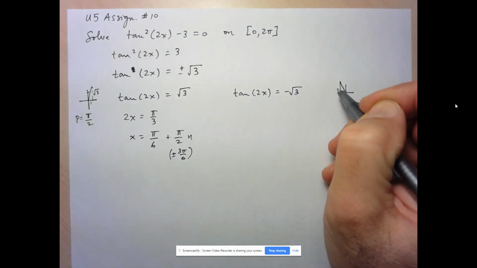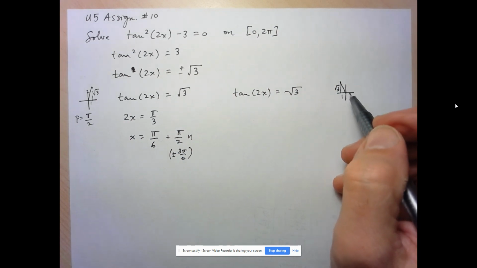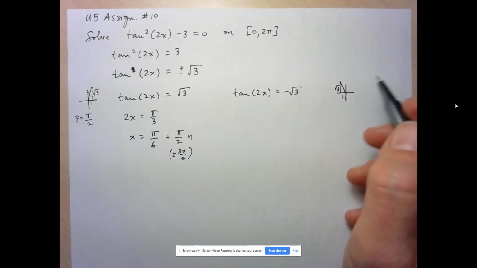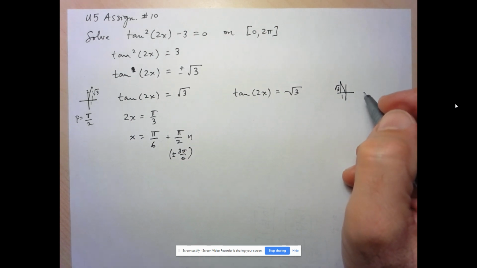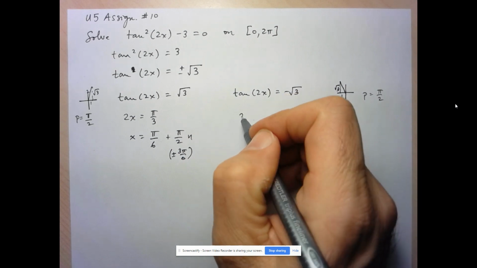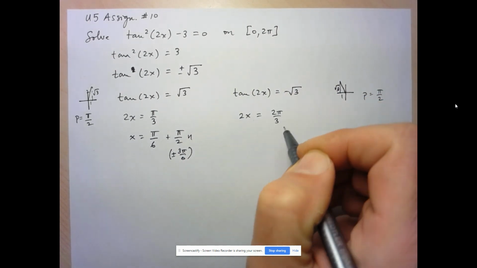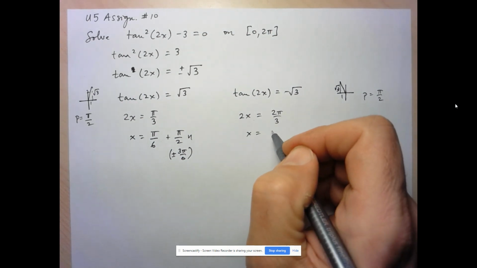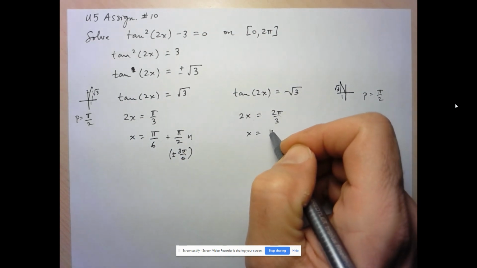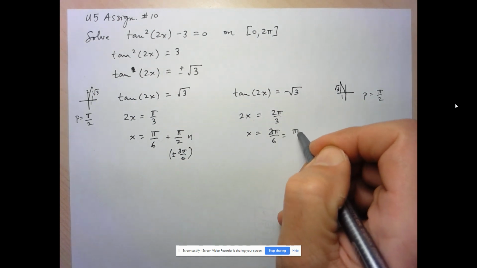So instead of being pi over 3, it's going to be 2 pi over 3. Again, our period is still pi over 2. So here, 2x is equal to 2 pi over 3, and x, divided by 2, is 2 pi over 6, and of course 2 pi over 6 is just pi over 3.